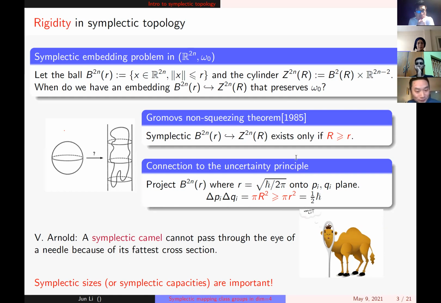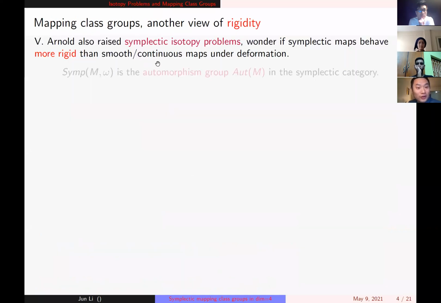Again, the idea from the symplectic embedding problems is that symplectic sizes are important. In this talk, instead, I'm going to focus on another kind of rigidity phenomenon, which is the mapping class group.